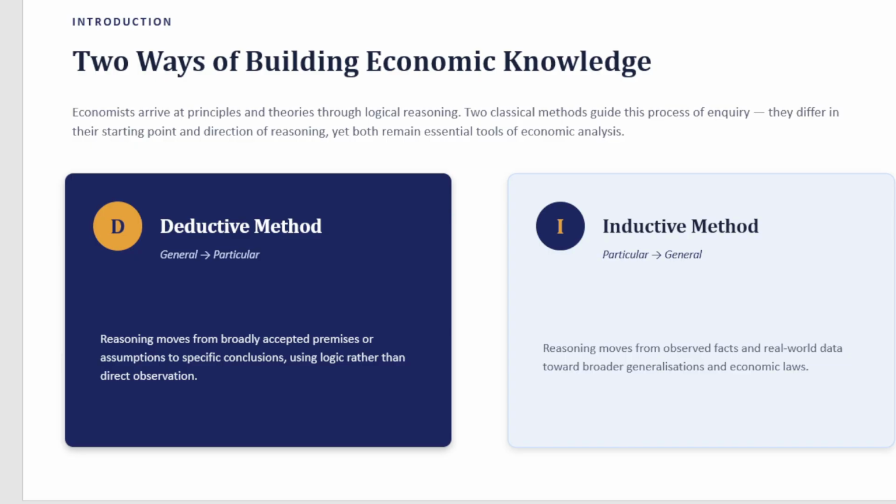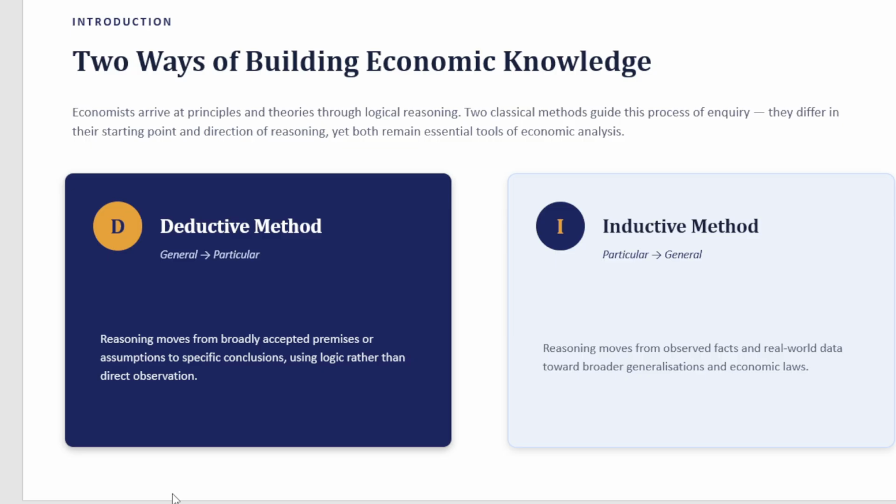If I say that if students study hard, then students will get good marks, then on the basis of this universal fact, I can say that if a particular student X or Y is studying hard, then he or she will get good marks. So the direction of conclusion is from general to specific. This is called deductive method.